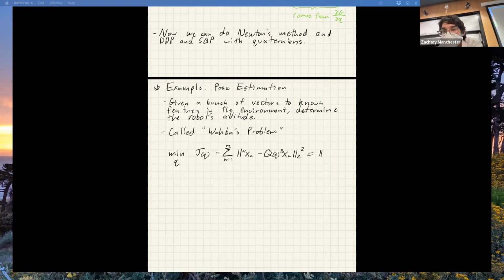And this we're going to just write as r of q, the residual. Okay, so these are sort of known vectors or known features in the inertial frame, the N frame.